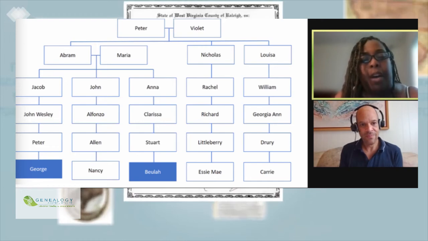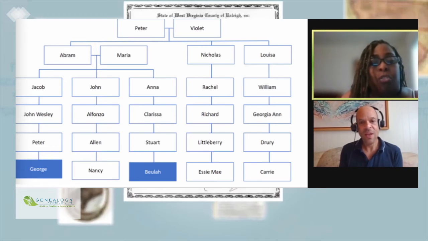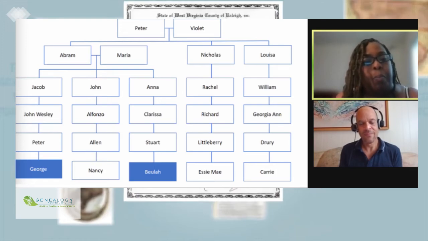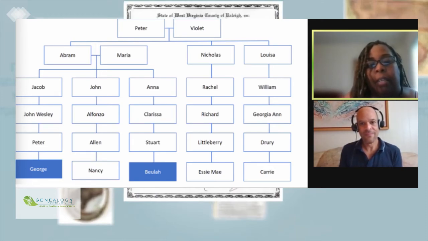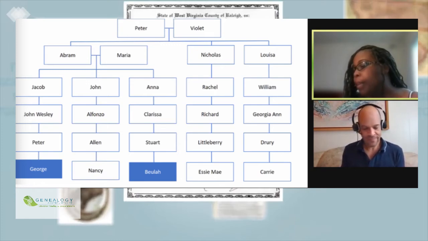George would be Alfonso's first cousin twice removed. Same for Clarissa. Clarissa would be George's first cousin twice removed. So the 2 of them together would end up being first cousins 3 times removed. So that's what it is.